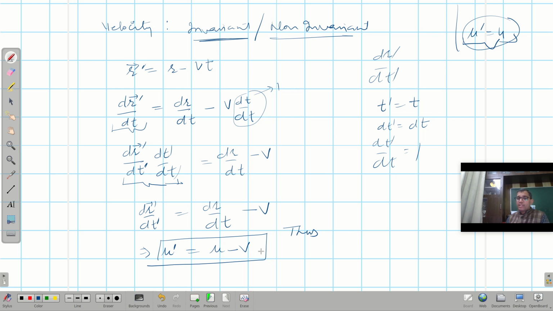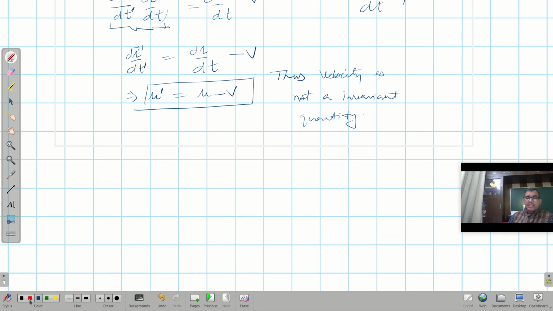From this expression which I am deriving here, we conclude that velocity is not an invariant quantity, right?